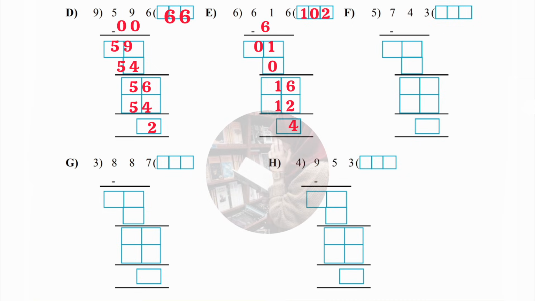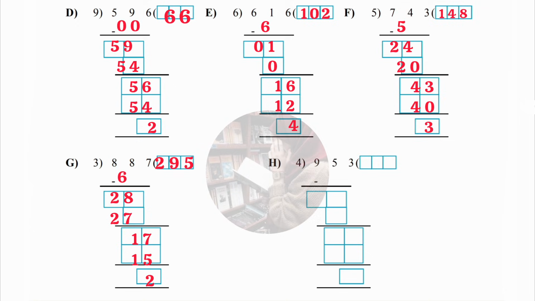Okay, so let's see the next one, which is 743 divided by 5. So 5 ones are 5, 2 will be left, 4 will come down, it will become 24. Then 5 fours are 20, 4 will be left, 3 will come down, then it will become 43, then 5 eights are 40, 3 will be left as remainder. Next one, 887 divided by 3.